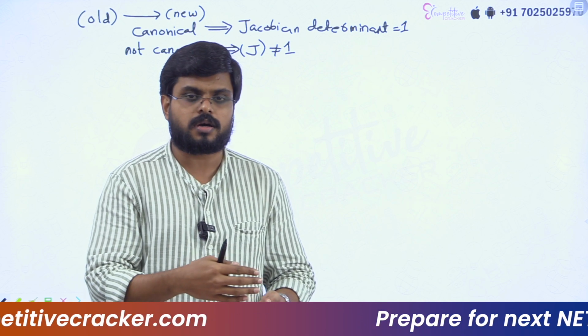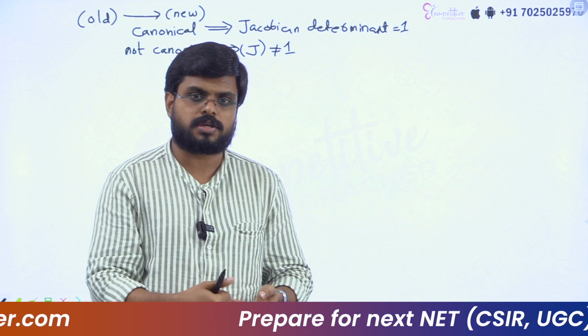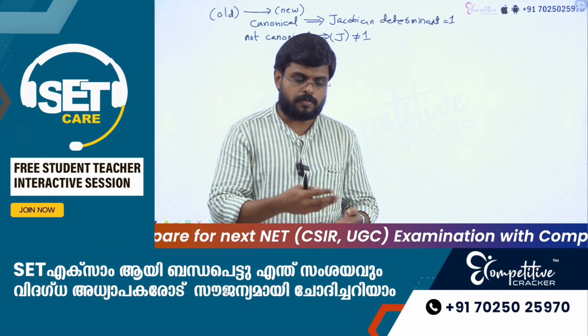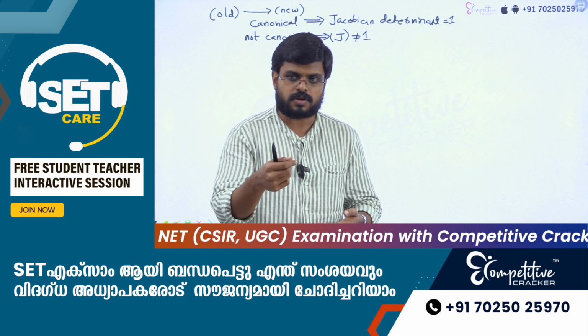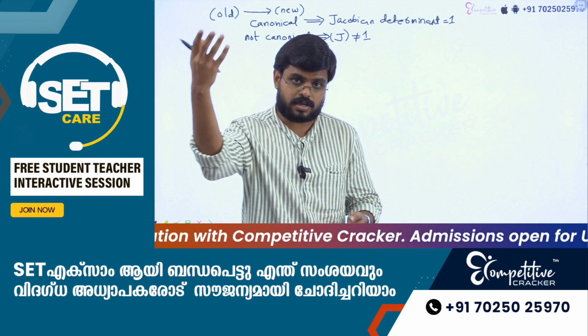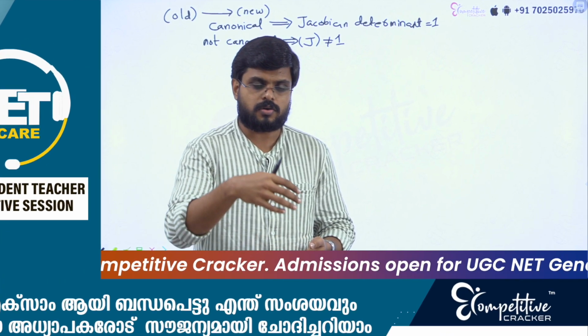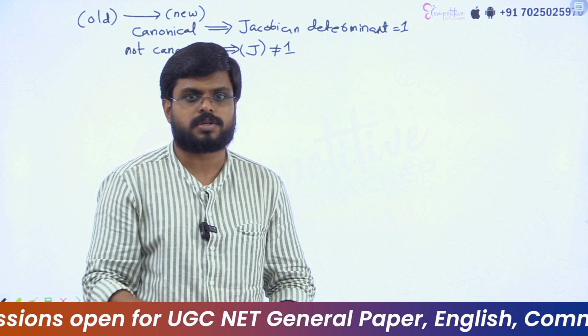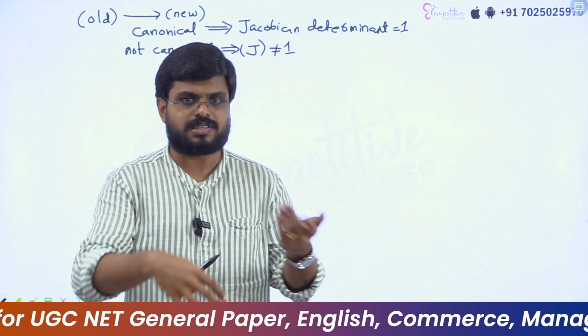You will be given some transformation and asked to find whether it is canonical or not. You will be given a transformation and a generating function, or a transformation and asked to find the generating function, or a generating function and asked to find the transformation, and they will play with this.